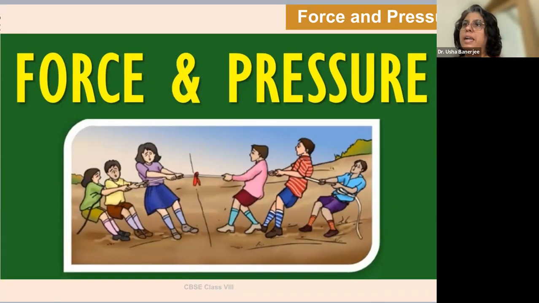So this particular concept is extremely important. What is the difference between force and pressure when you do it in class 8 and when you do it in class 12, for example? The concepts remain the same. What is force, what is pressure, all the formulas, Newton's laws and the equations of motion, all of that remains the same.